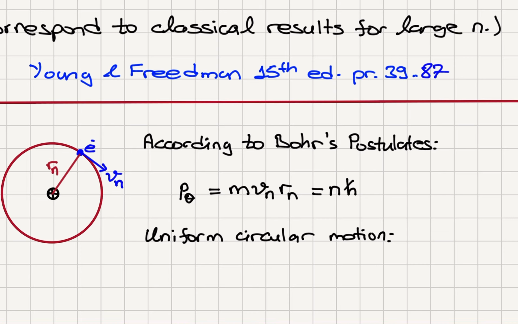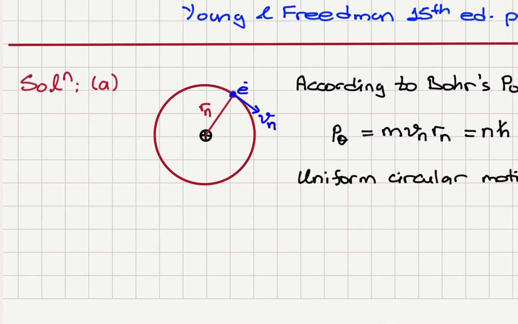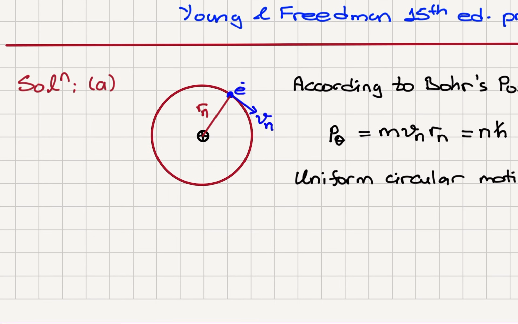Now, looking at the uniform circular motion the electron is performing, we realize that the tangential speed v sub n is related to its angular speed omega n multiplied by r sub n, the radius.